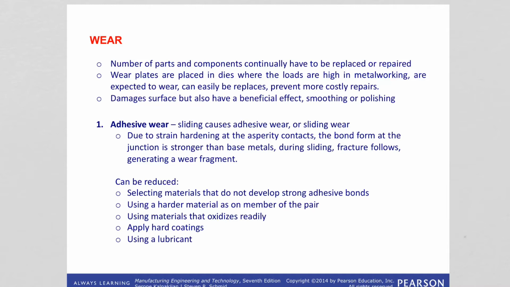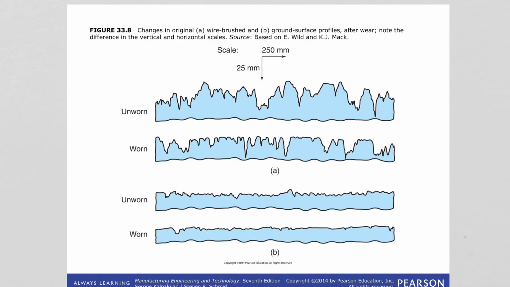Although wear is generally undesired because it can damage the surface finish, it also can have beneficial effects. It has a beneficial effect of smoothing and polishing. You can see this in the image here, which shows this smoothing or polishing effect.